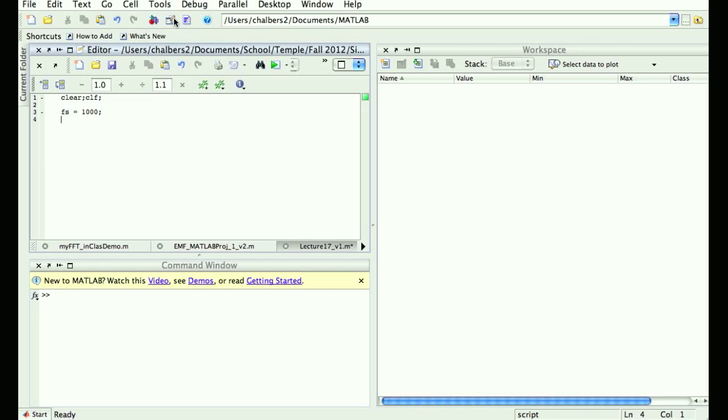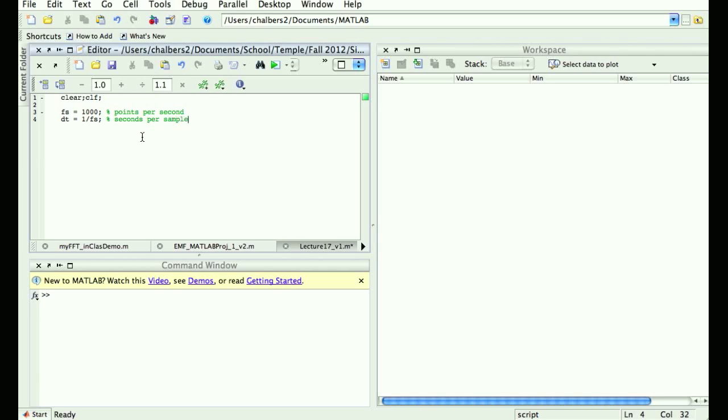What's my dt going to be equal to? 1 over fs. You notice I didn't type 1 over 1,000 or 0.001, because that's sloppy coding. You want to make it so that if you change your sampling frequency you don't have to go back through your code and change a million things. Just leave it as 1 over fs, and you can change your sampling frequency after that.